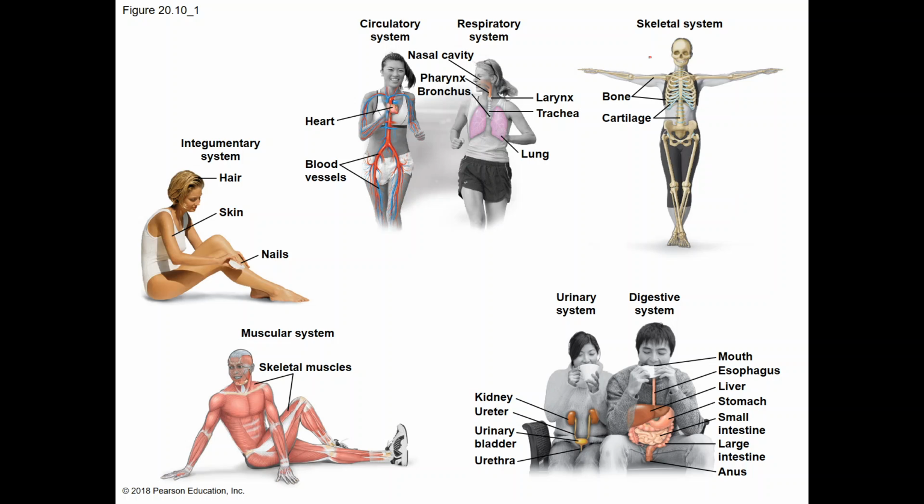We have our skeletal system, which consists of bone and cartilage tissue. It's our structure, our physical scaffold. The circulatory and respiratory systems, again, are two systems that rely very closely on one another. The circulatory system is passing nutrients and gases throughout the body, and the respiratory system is taking in those gases and expelling the waste gases.